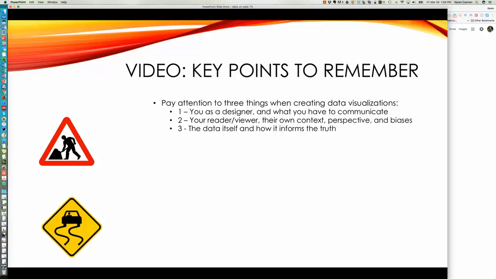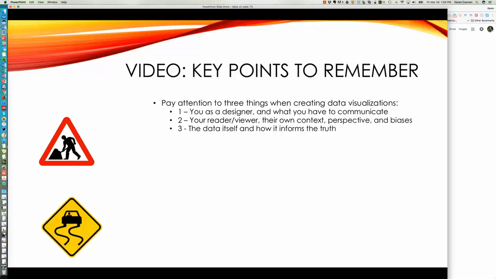The first piece of information that I thought was really important was one of the people in the video says that you need to pay attention to 3 things when you're creating any kind of data visualization, okay? You need to pay attention to you as a designer and what you have to communicate.